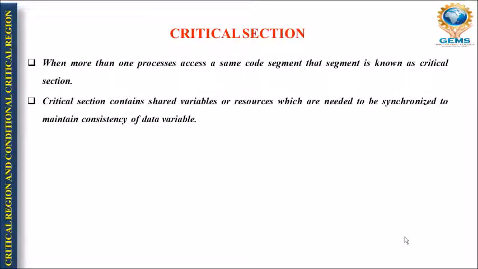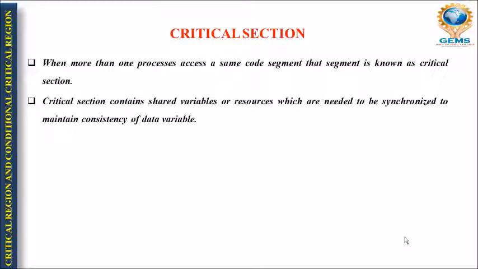Critical section contains mainly shared variables or resources which need to be synchronized to maintain the consistency of the data variables. As I have already told you, critical section basically contains your shared variables or resources itself, which need to be synchronized to maintain the consistency of the data.